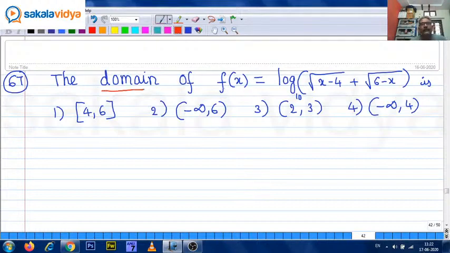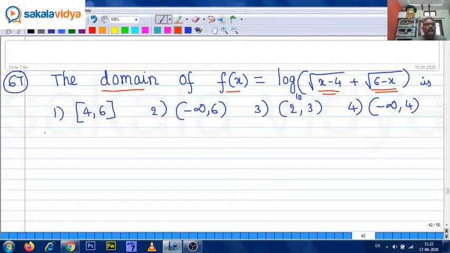Domain of f of x equals log of root of x minus 4 plus root of 6 minus x. Root of x minus 4 is defined for x minus 4 greater than or equal to 0, and 6 minus x is also greater than or equal to 0. We need to find the intersection of these two.